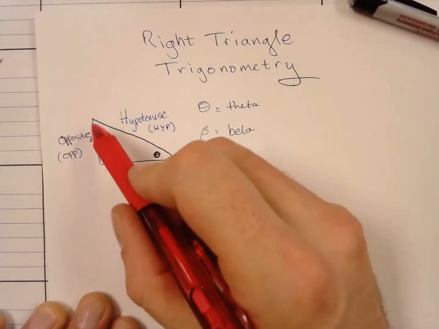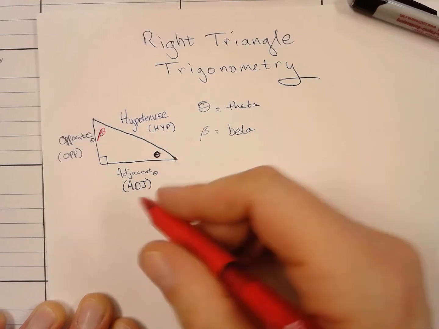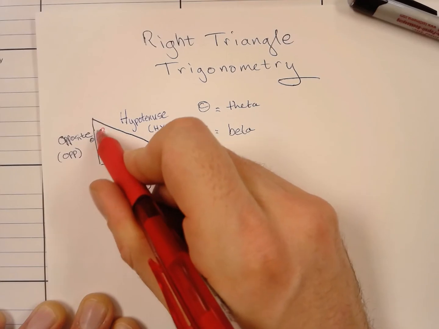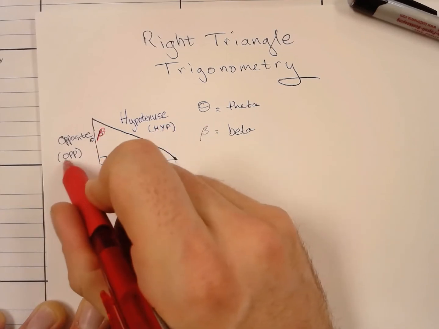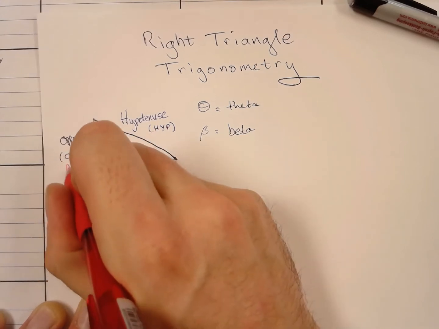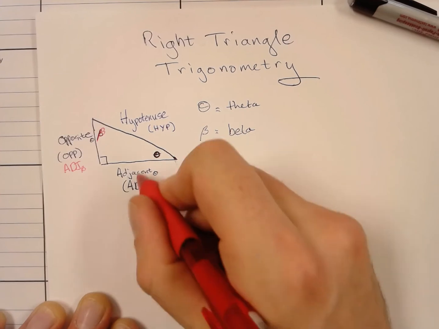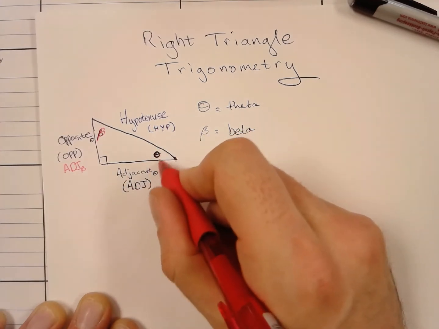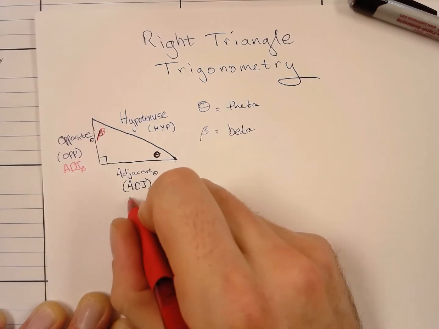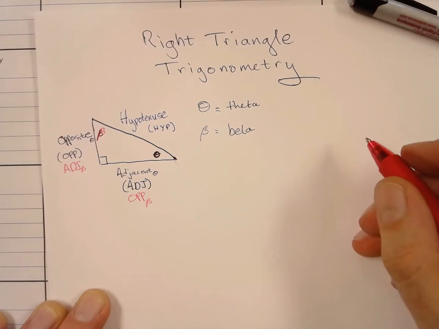Sorry, where was I? Okay, so if I'm here at this angle, the hypotenuse is still the hypotenuse, opposite the right angle, and that will always happen. But if I'm orienting myself at this angle, now this side, which was opposite theta, is going to be the side that is adjacent to beta. And this side, which was adjacent to angle theta, if I'm orienting myself at this angle, will be the side that is opposite beta.